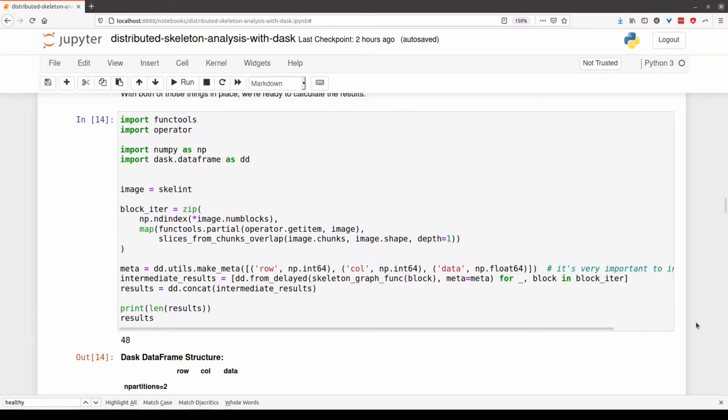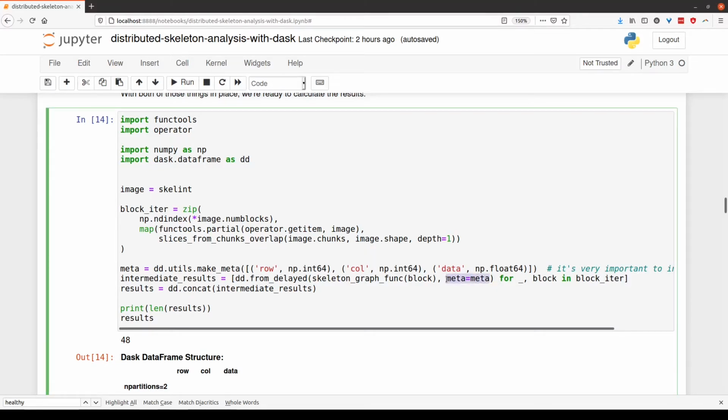So with those two pieces of the puzzle in place, we could iterate through the blocks and pull out the chunks with that 1 pixel overlap and pass it to our delayed function that's going to actually hand over to Scan and do that analysis for us. The important thing to remember here that we found is that it's really important to pass in the meta keyword argument.